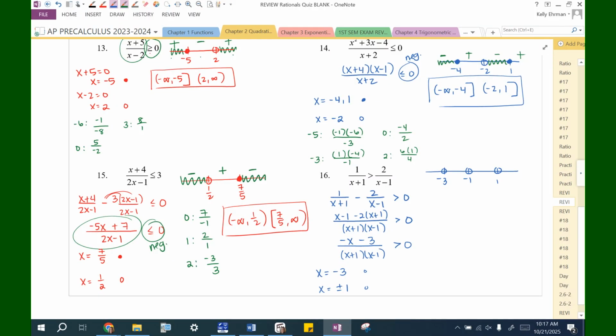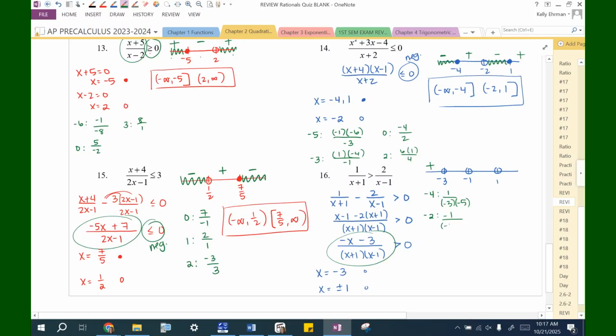And test a bunch of numbers. So negative 4, we're testing into this one. That becomes positive 4 minus 3, which is 1, over negative 4 plus 1 times negative 4 minus 1. 1 over 15 is positive. Plug in negative 2. That becomes positive 2 minus 3.